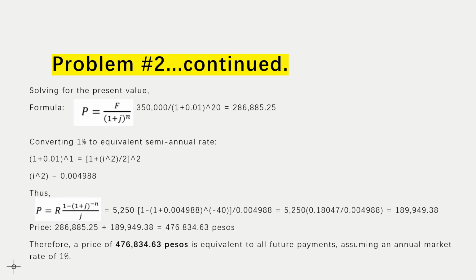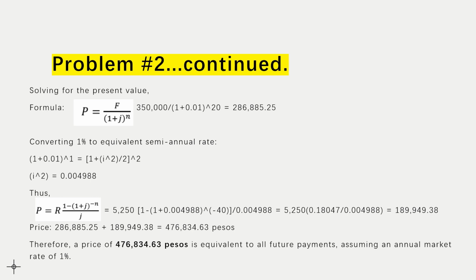Our formula is present value is equal to the face value over 1 plus the market rate, all in parentheses, to the power of n, which is our time, 20. Substituting all that we know from our given and pre-solved values, we now get 350,000 divided by (1 plus 0.01) to the power of 20.